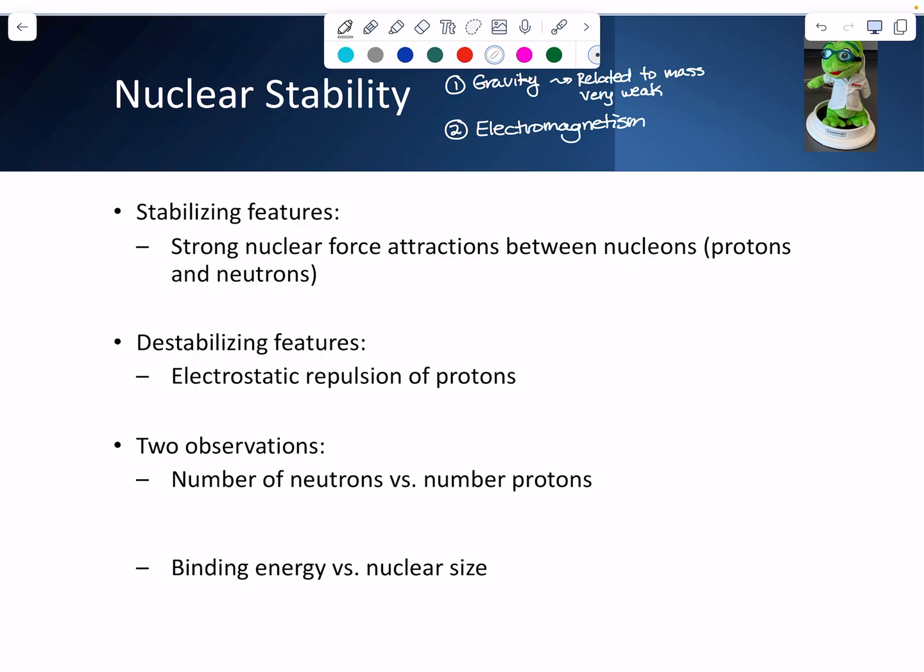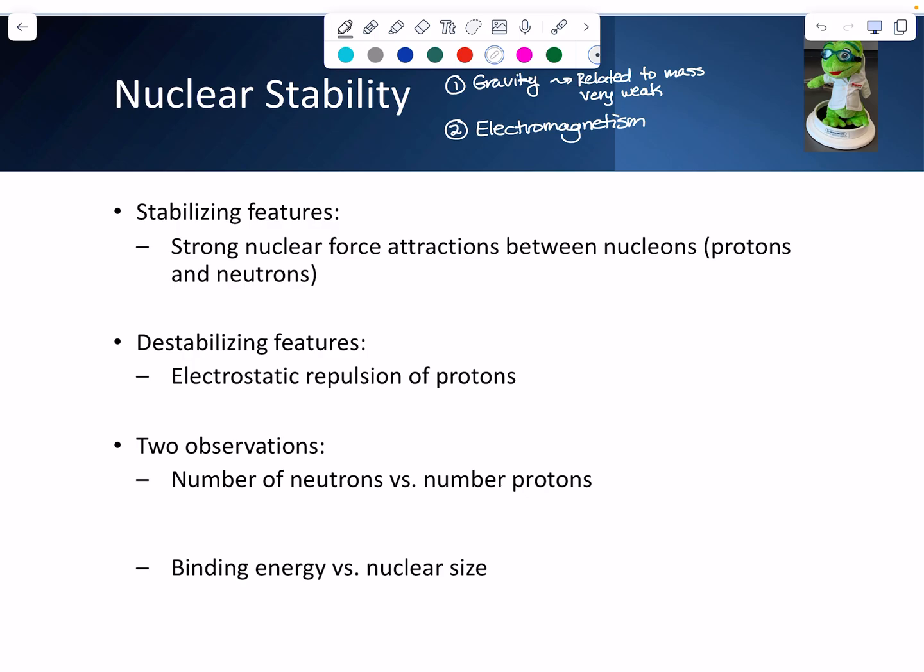We're going to talk about how the force of electromagnetism plays a role in nuclear stability, but also two other forces that are responsible for nuclei being stable or unstable, okay?